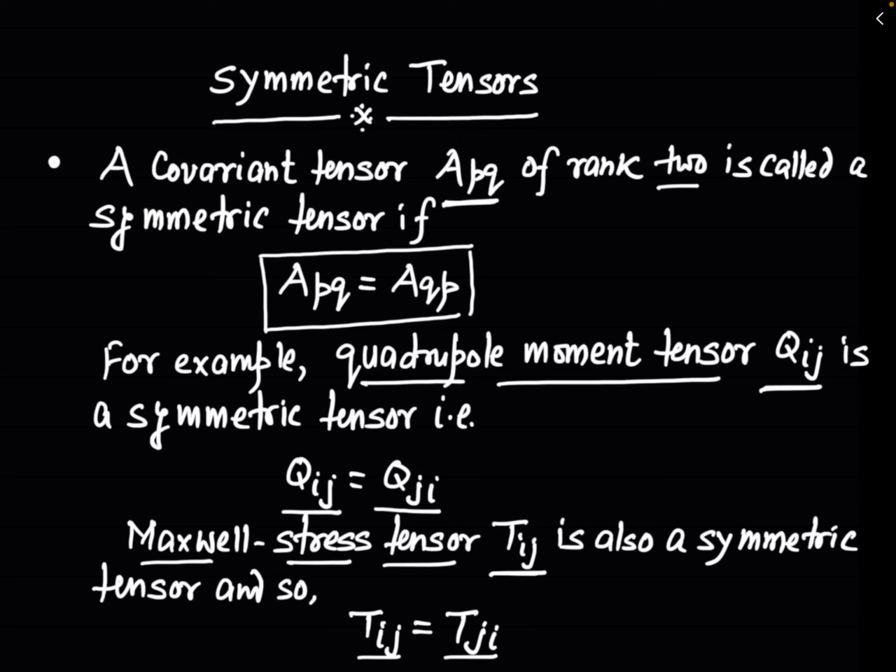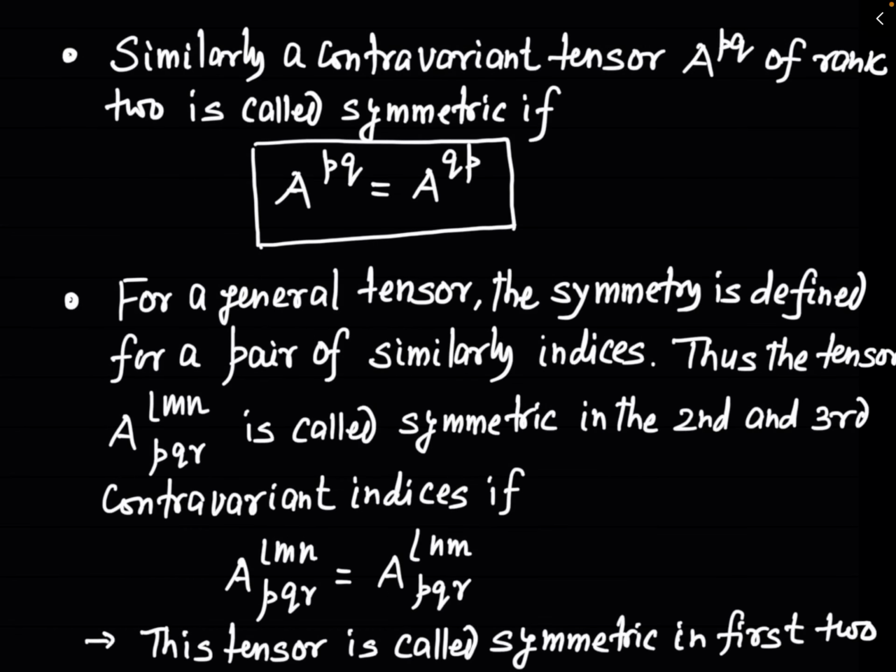So I hope you have understood the definition of the symmetric tensor, which is actually a covariant tensor of rank 2. In fact, in a similar manner, we also define the symmetric property of a contravariant tensor of rank 2.